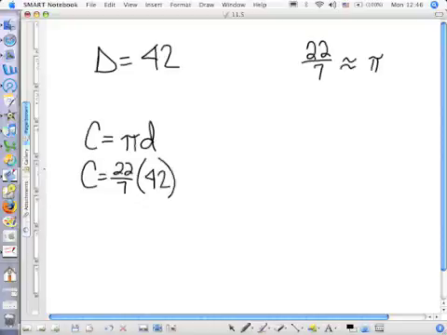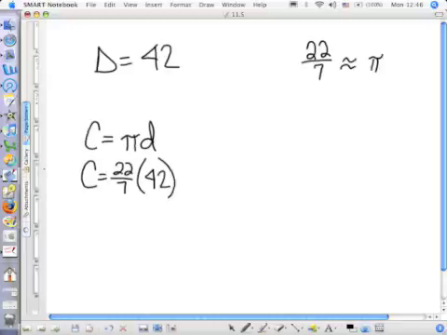Well, remember, pi d is another way to find circumference. And since we already have the diameter, that's the easier thing to do. Okay? Now, since we're using 22/7 as pi, it's 22/7 times 42. Well, can't you reduce 7 and 42?